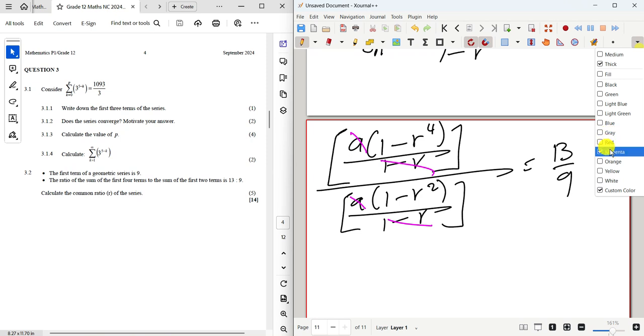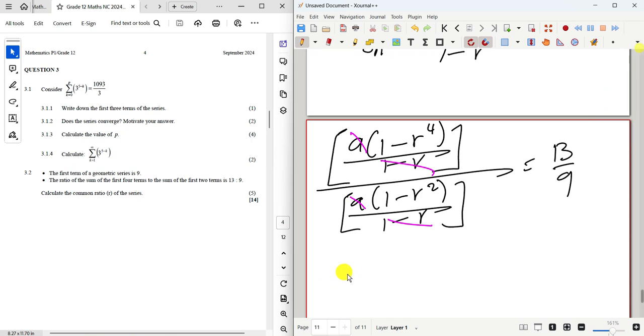When you factorize it, it's a difference of two squares. In case I'm confusing someone, 1 minus r to the 4 all over 1 minus r squared equals 13 over 9.